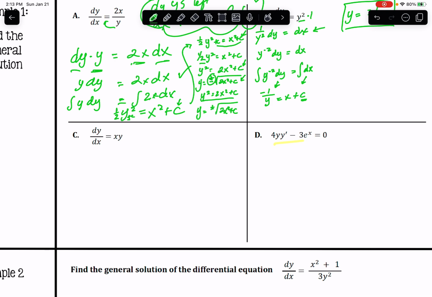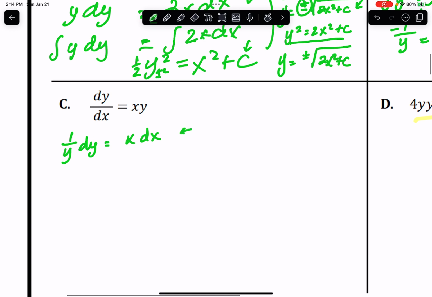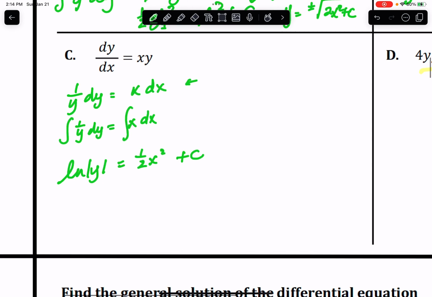Okay, let's look at c. Easy to separate these. This would be 1 over y dy equals x dx. So then that's the separation of variables. So then do the integral of 1 over y dy equals the integral of x dx. So integral of each side. So the integral of 1 over y is ln of absolute value of y equals 1/2 x squared plus c.